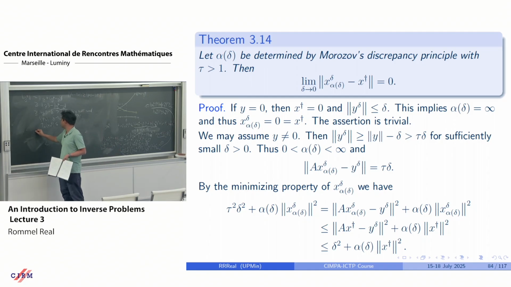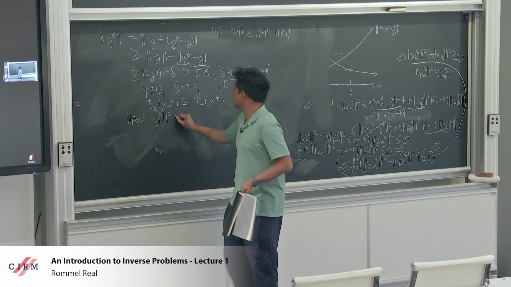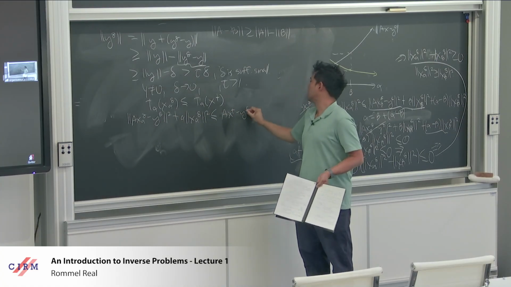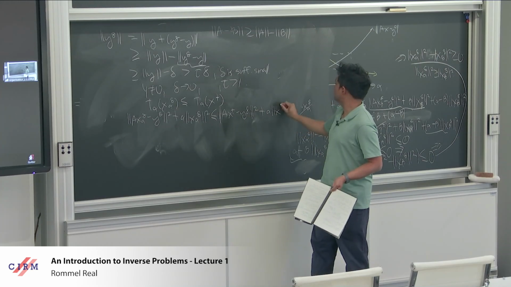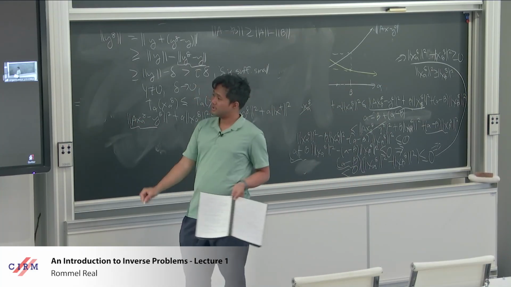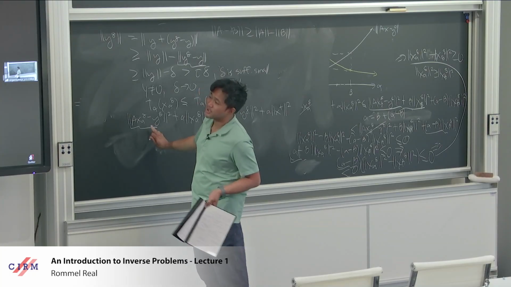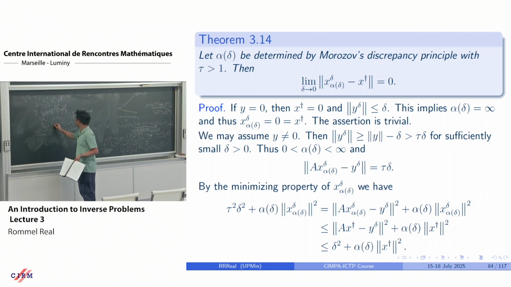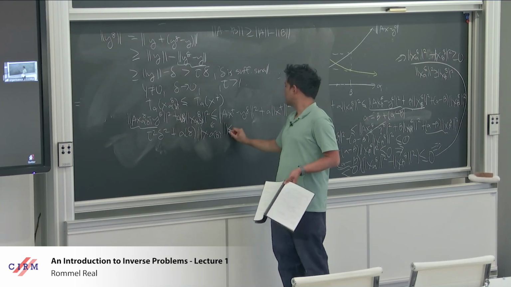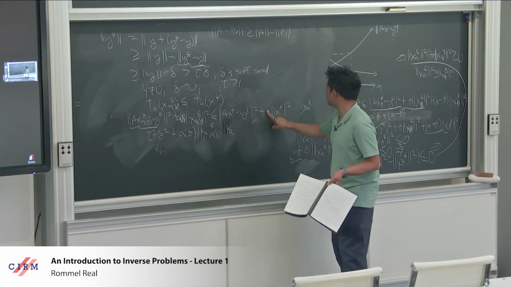So by substituting, and then by the discrepancy principle, we apply it here, then this means that the residual is equal to tau squared delta squared plus alpha of delta times the norm of x sub alpha delta squared, less than or equal to this one over here.